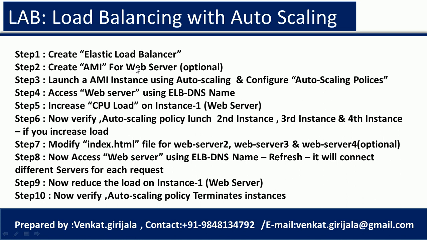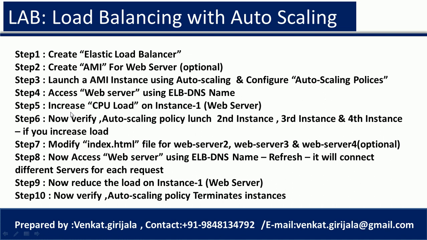And step 3, launch the AMI instance using auto scaling and configure the auto scaling policies. Then access the web server using the elastic load balancer. There is an elastic load balancer DNS name. By using that URL, we'll get a web page.